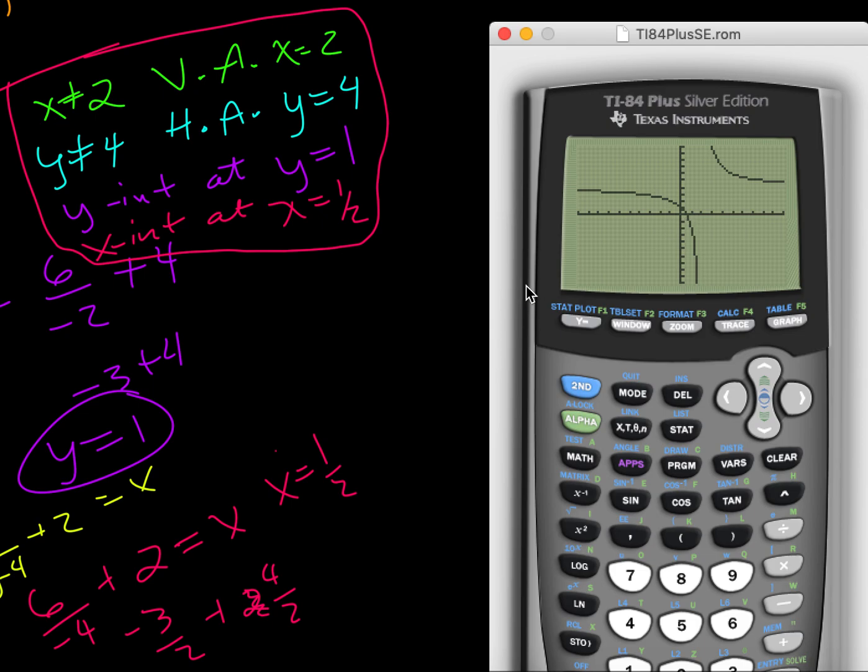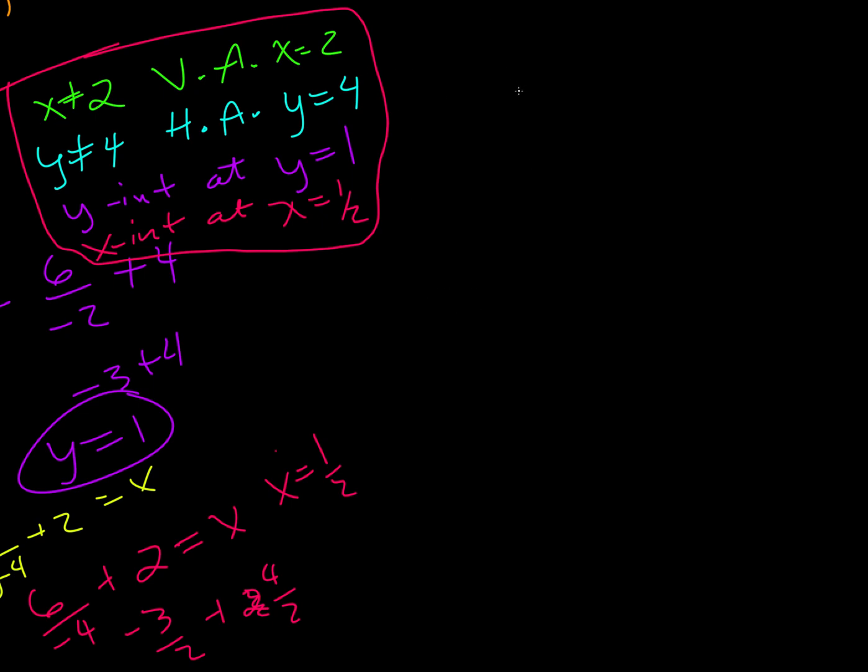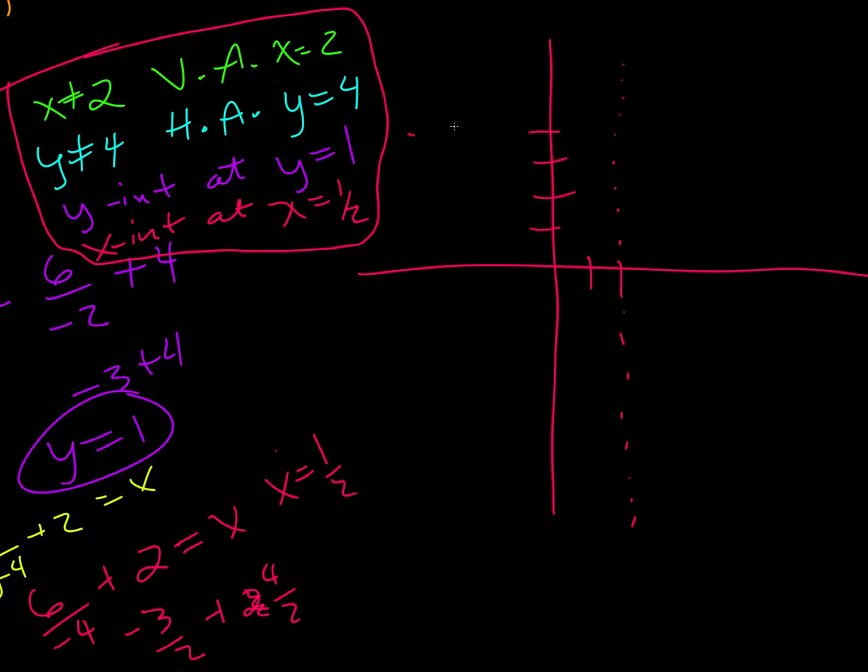So when we're trying to sketch this, we're going to draw our axes, and then at x equals 2, and then y equals 4, draw those asymptotes.